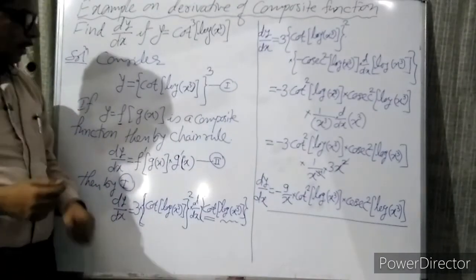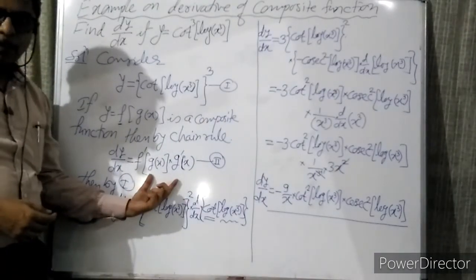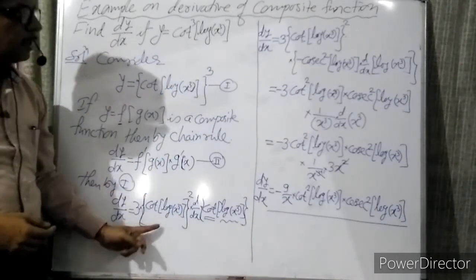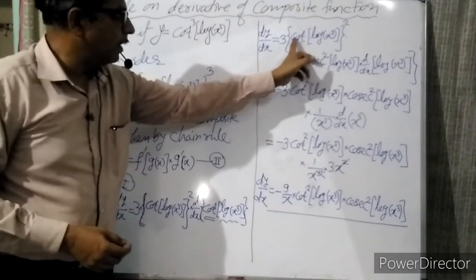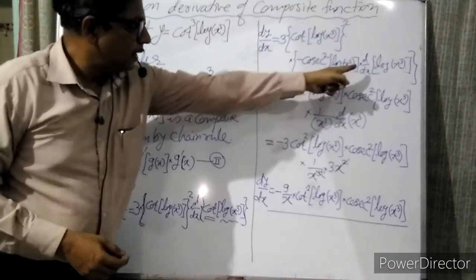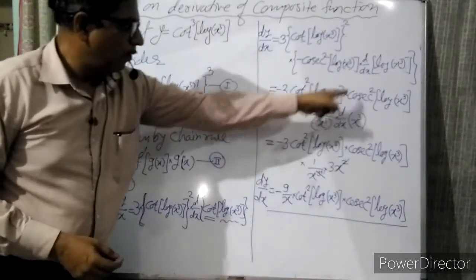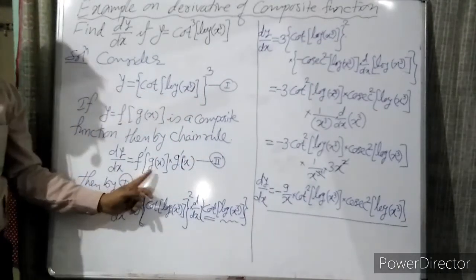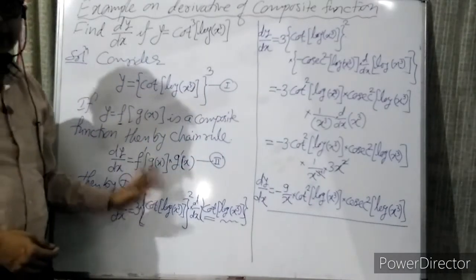See, 3 times we have used the same formula. First for bracket cube here, second time for derivative of cot here, and third for derivative of log of x cube. 3 times we have used the same formula for derivative of composite function, that is chain rule. Yes, you might have got the idea. So every time you have to check what is the outer function and what is the remaining inner function.